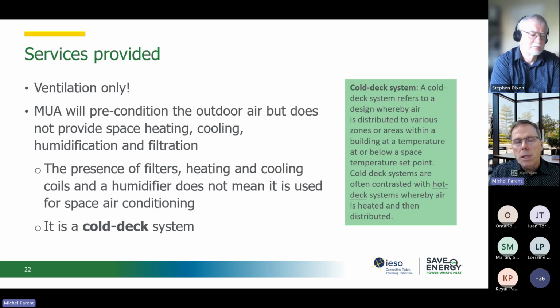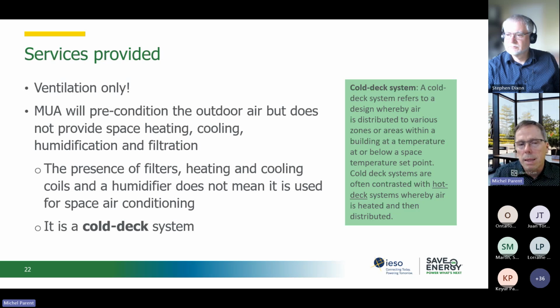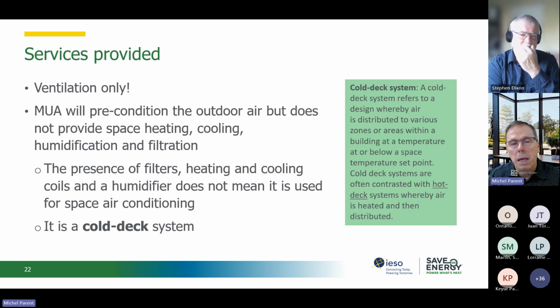So it's what we usually call a cold deck system. The reason they call that a cold deck system, as the little pop-up green box says there, is that this system is typically controlled to maintain a supply temperature at or below the space temperature set point.